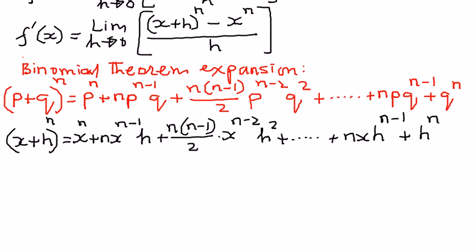So in this step, the numerator part is like this, isn't it? x plus h, this whole thing raised to the power of n minus x to the power of n, and that is what we want to simplify. And this simplification process is as follows.